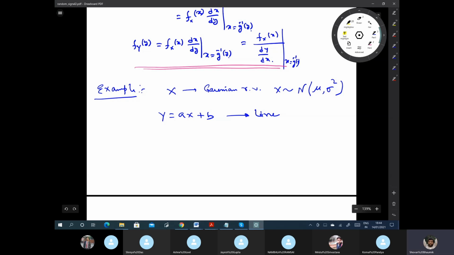A is greater than 0. So we see that it is also a monotonically increasing function. Now the question is, we know x is a random variable of this. So we know the f of x. What will be f of y?